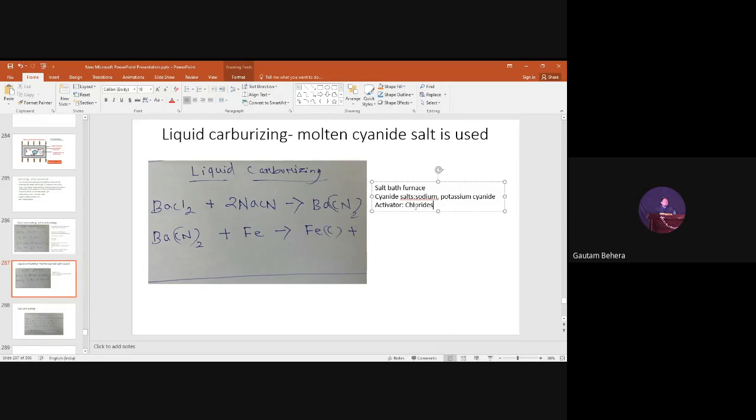And we also choose some activator, that is chlorides. Now, which kind of chlorides? Sodium, potassium chloride. Basically we are using barium chloride, for example.